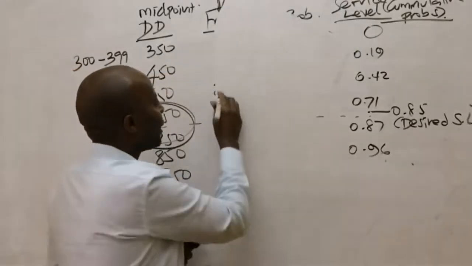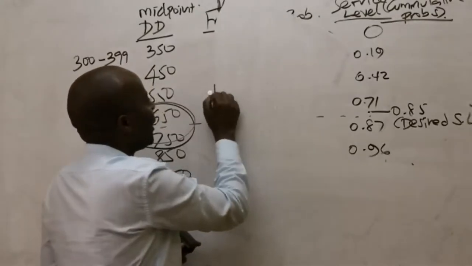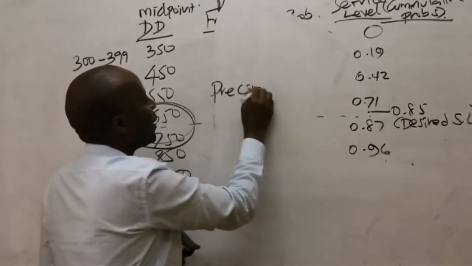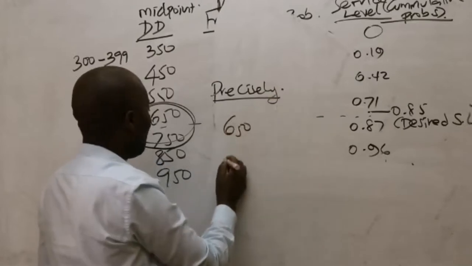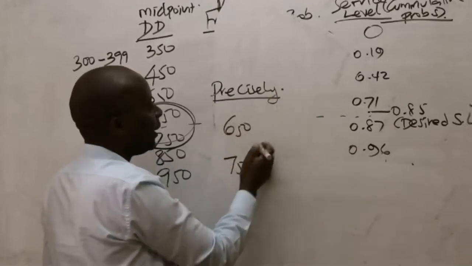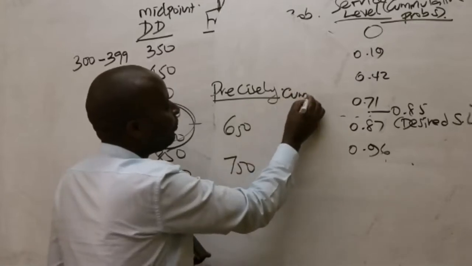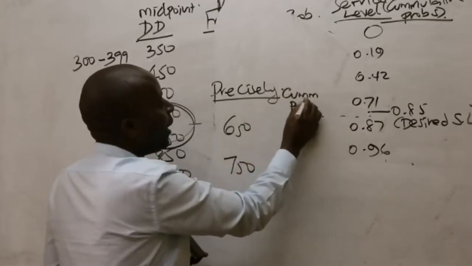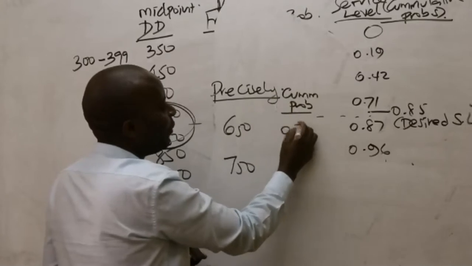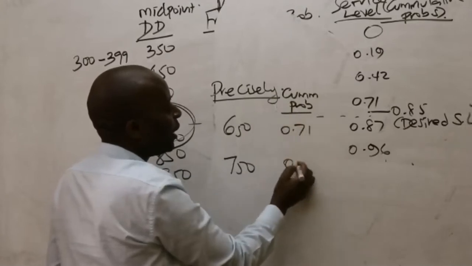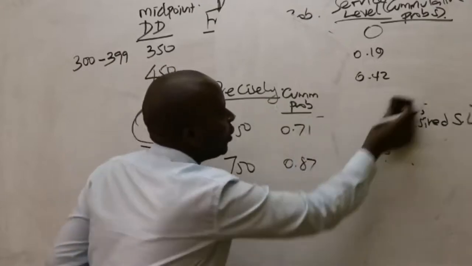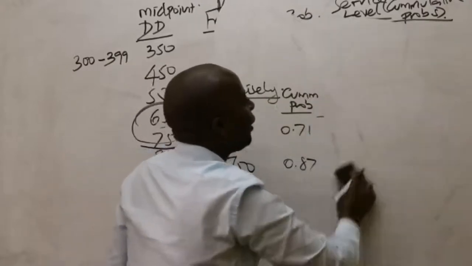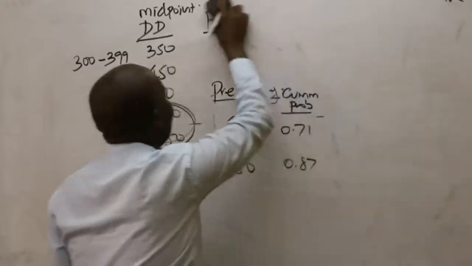Precisely, you can write there, we have 650 here, we have 750, and then we have our cumulative probability being 0.71 and 0.87 like that. I've simply copied here to make things easy for us.